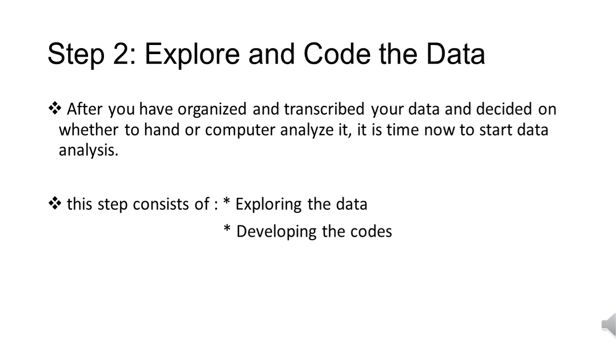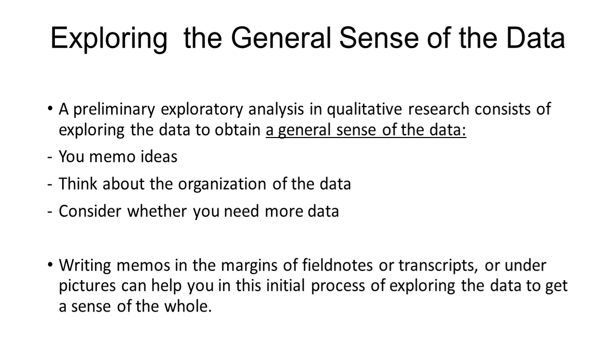So this step consists of two things: exploring the data, developing the codes. So we will see what the codes and what the themes are in this presentation. So before exploring the details of your data, you need to make a general exploration, exploring the general sense of the data. So a preliminary exploratory analysis in qualitative research consists of exploring the data to obtain a general sense of the data.